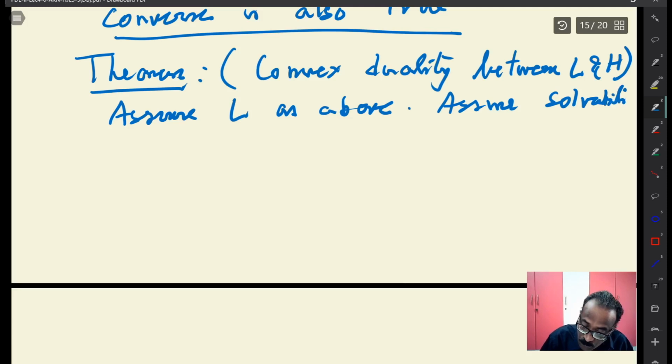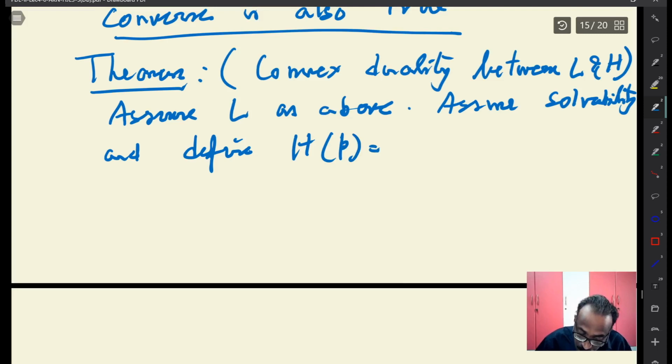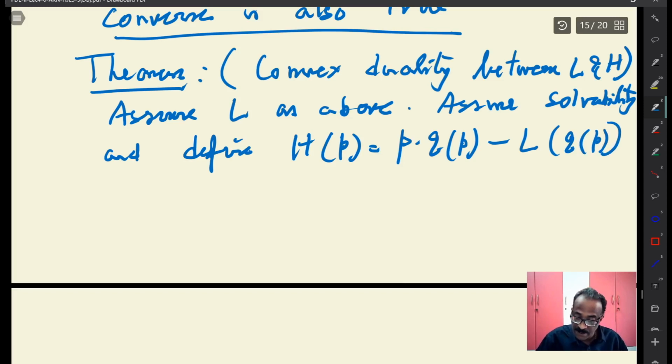This is important. So you are assuming solvability and define your Hamiltonian H as, H of P is equal to, which we exactly defined, P dot Q_P minus L of Q_P. Q_P is the solution corresponding to P. So L is given to you, and solve the equation P equal to dq of L of Q. That's what you have to solve.